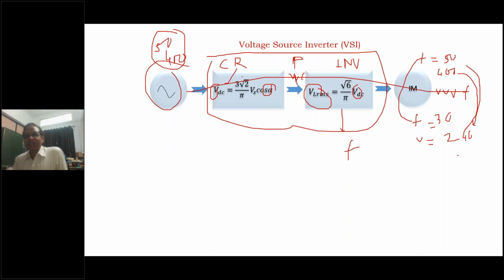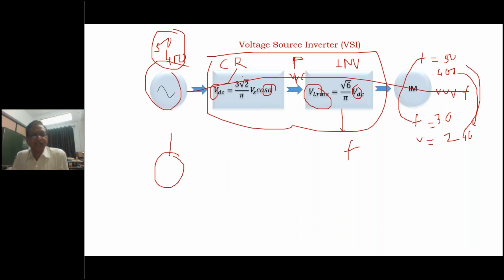Now see a little bit of example. I am going to consider the third harmonics. In a three-phase system, triplen harmonics are always zero. Neglect this. What about fifth harmonics? See, this is a motor.